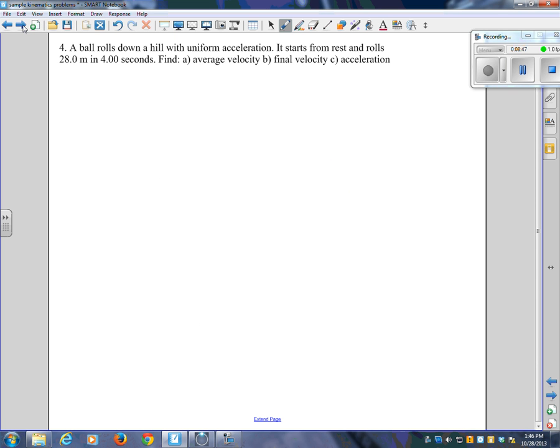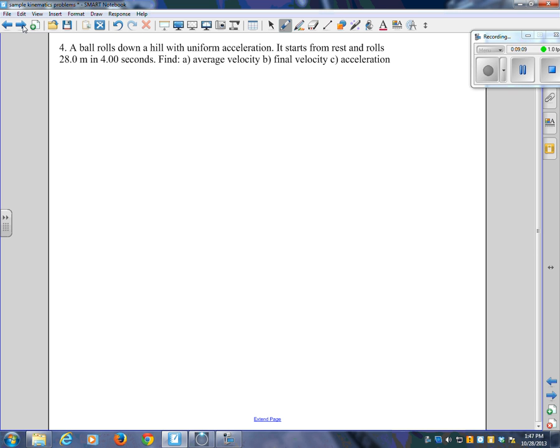Here's one that's going to take a little bit more study. Let's have a look. A ball rolls down a hill with uniform acceleration. What does that mean? Means the acceleration remains the same throughout. It starts from rest. What does that mean?